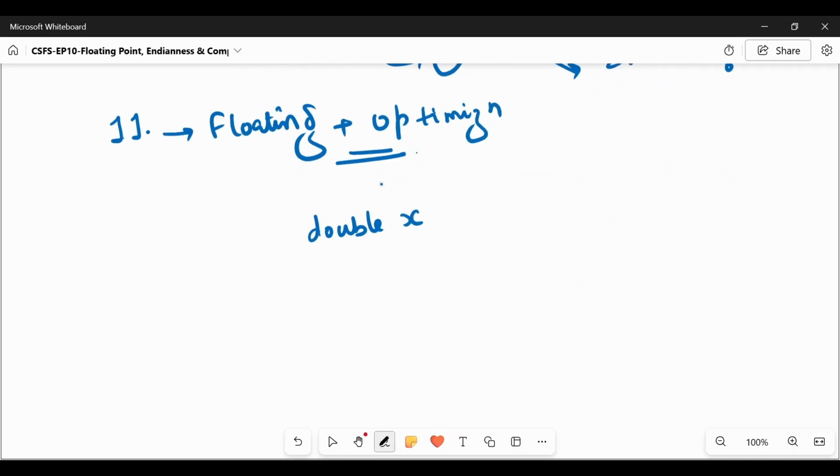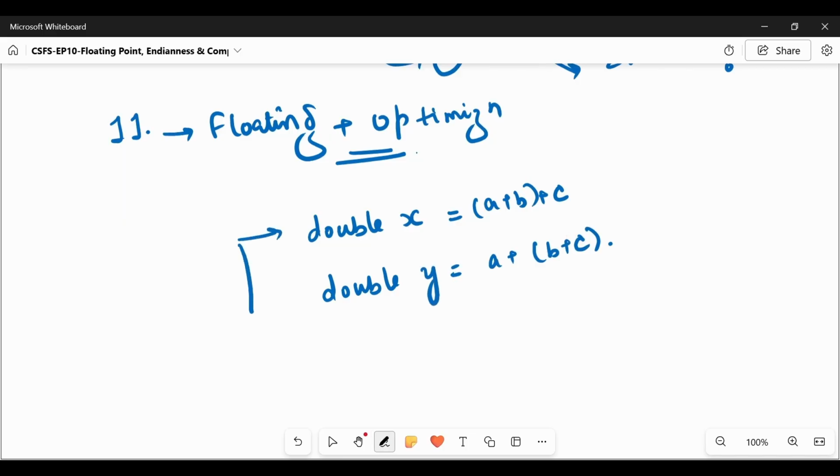For example, for floating point optimization, let us take an example. We have a double x plus c. Similarly, we have one other variable. Mathematically, these two values seem equal.